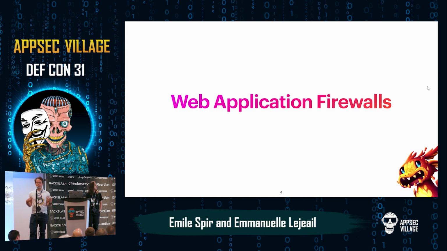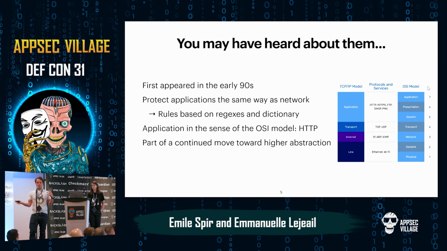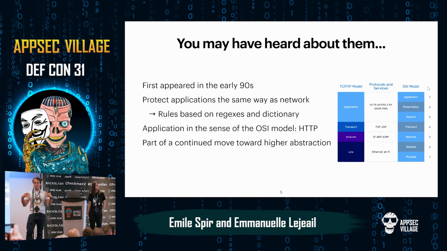You may know about them. If you don't, that's a security tool that was created in the mid-90s when web applications started to become more complex, more useful, and thus a more enticing target. We didn't really have anything to help protect them, so we looked at other tools, and a promising one was firewalls, that were working really great at the network level.